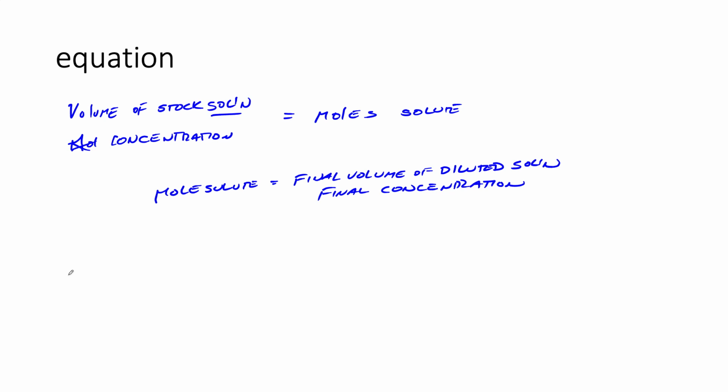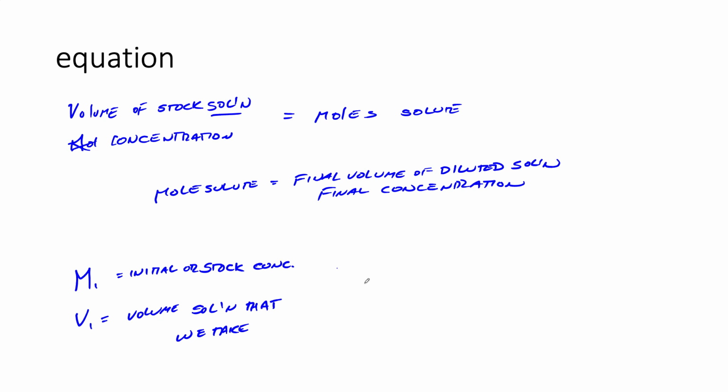And so what we do is we call M1 our initial concentration, the concentration of our stock solution. V1 is our volume of solution that we take. So we're taking this solution.